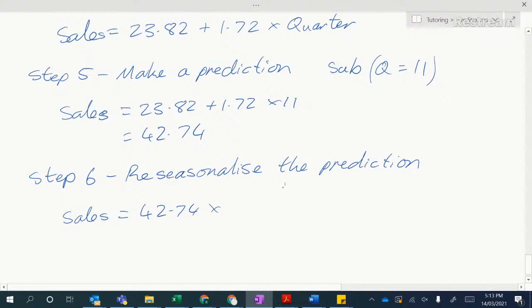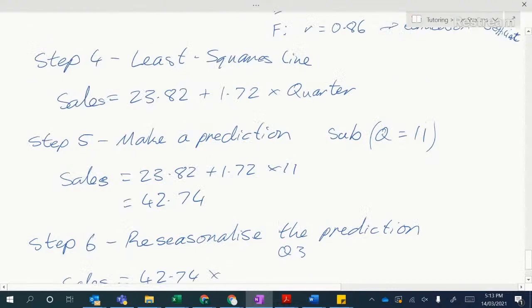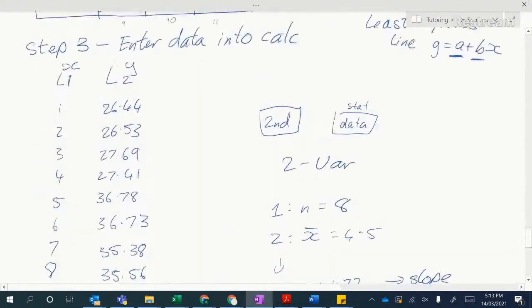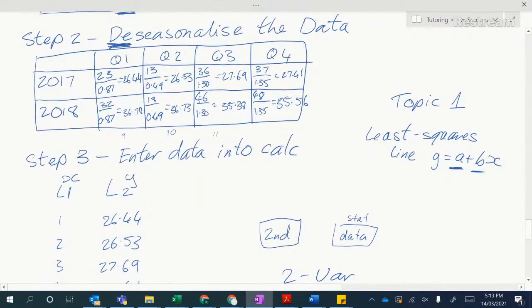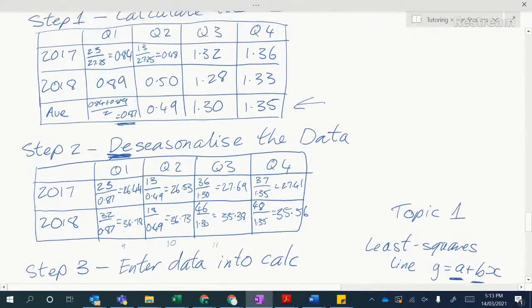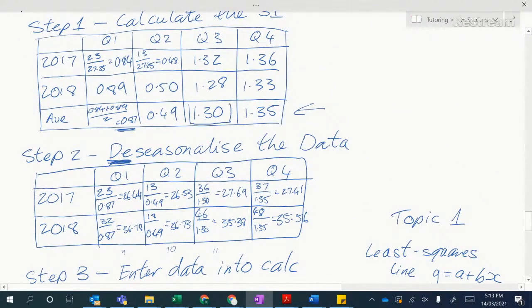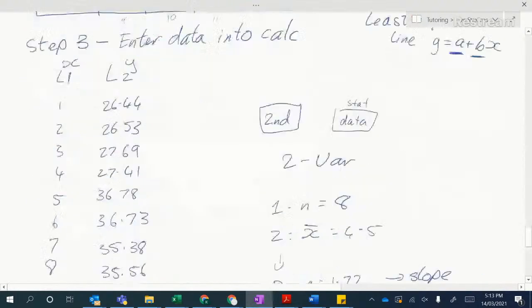If you remember, this is Q3 of 2019. So the seasonal index we need is, of course, this one here, because that's Q3's seasonal index.